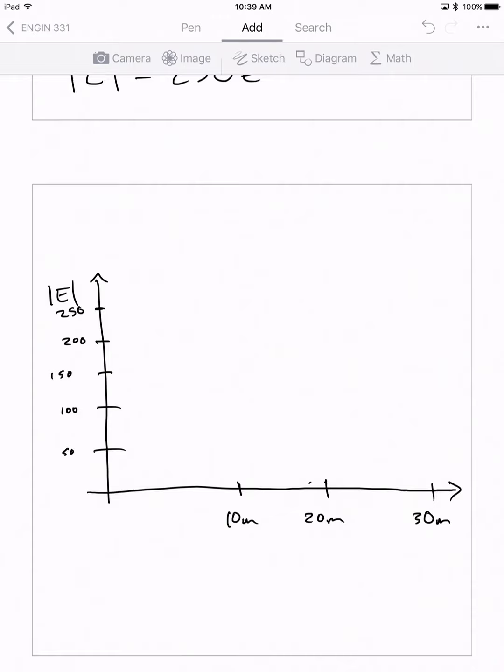Now, if you put this into your calculator, the electric field magnitude as a function of z is going to be equal to 250 times e to the minus alpha z.